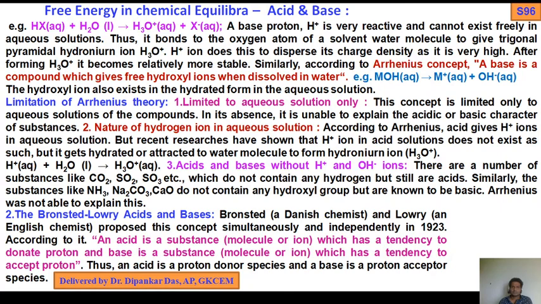So these are the limitations or drawbacks of the Arrhenius theory. Third one is acid and base without H plus or OH minus ions.